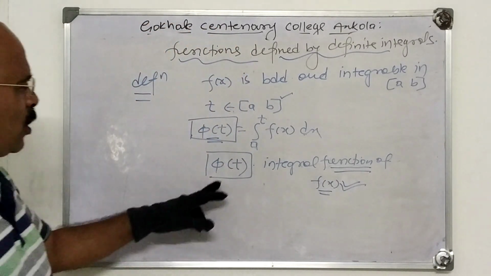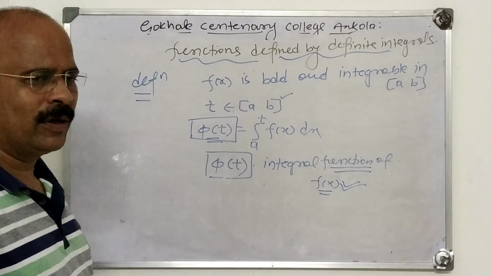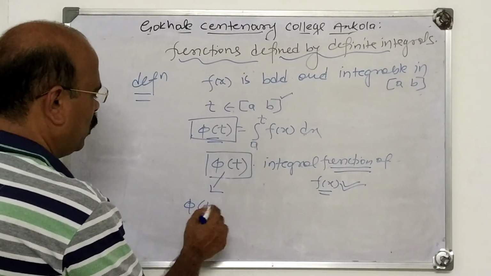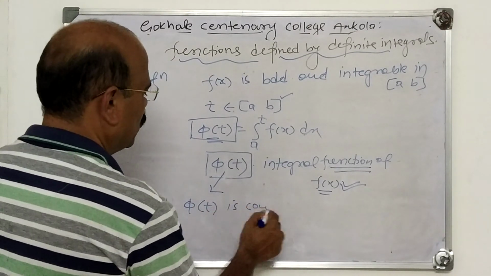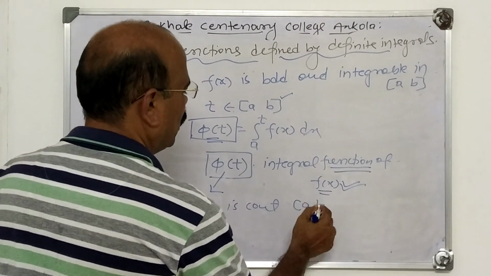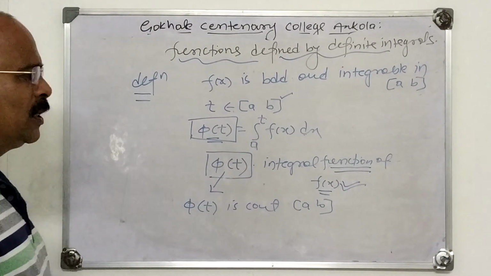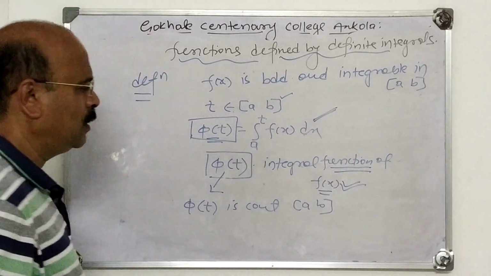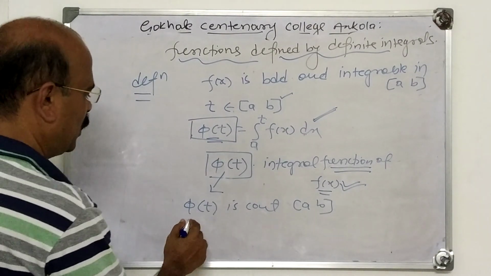Now we study the properties of this integral function. In the first theorem we prove that this φ(t) is continuous in the closed interval [a, b]. What is φ(t)? It is integral a to t of f(x) dx. It is called the integral function of f(x). It is continuous.